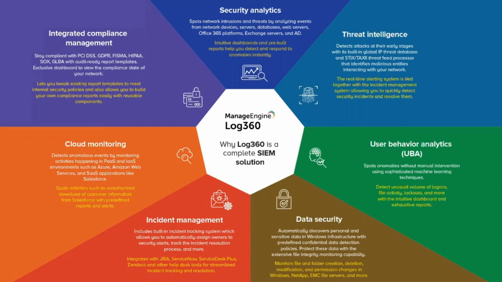And we have real-time alerts to show you the requests you have received from a blocklisted IP address or blocklisted website. So that's all we have for the threat intelligence.